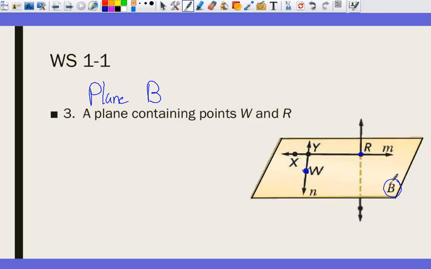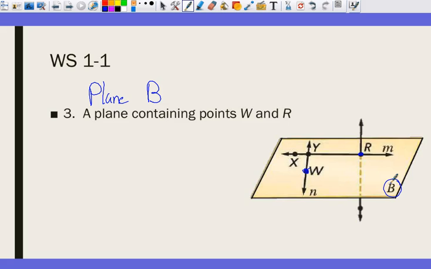Okay. So, can we find another non-collinear point on this plane? X, RW. RWY would also be another plane. Okay?